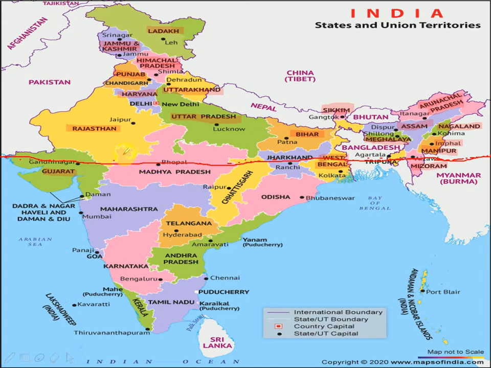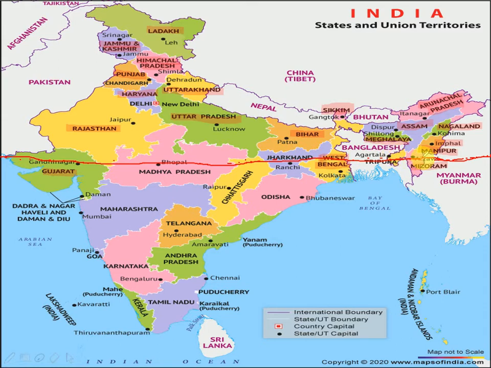NTSE in previous years has asked a lot of questions based on the Tropic of Cancer and the neighbors that surround India, and this is a very, very crucial topic with regard to NTSE. So let us look into this. The Tropic of Cancer passes through some of the most important states: Gujarat, which has the longest coast, Rajasthan, Madhya Pradesh, Chhattisgarh, Jharkhand, West Bengal, Tripura, Mizoram.